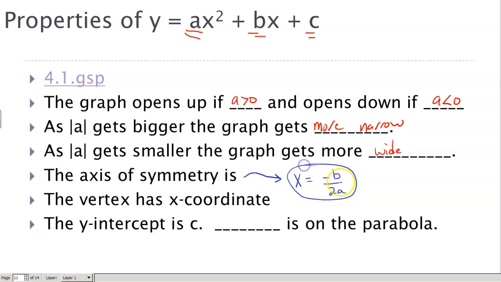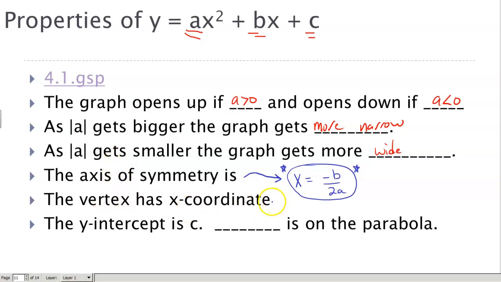Remember that the b value that we were just talking about was changing around the axis of symmetry and also the vertex. So it makes sense that the b value is in this little equation. But this is something that you're going to use a lot in this whole chapter, especially in the graphing. So make sure you remember that and write that down and bubble it in. So the axis of symmetry is negative b over 2a.